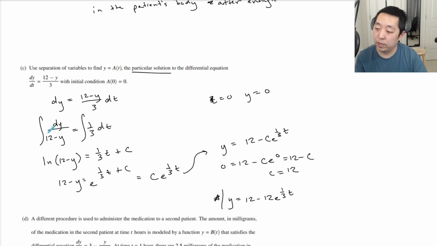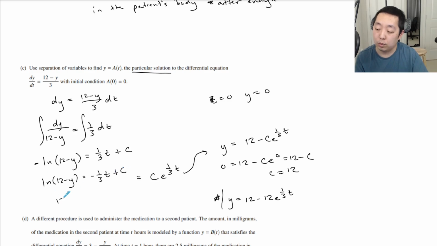But it's 12 minus y. Oh, there's a negative sign when I integrate this, because I skipped over the u substitution, so it's really the negative of this. When I multiply through by -1, there's one more step I should have done: ln of 12 minus y is equal to -1/3 t plus c.